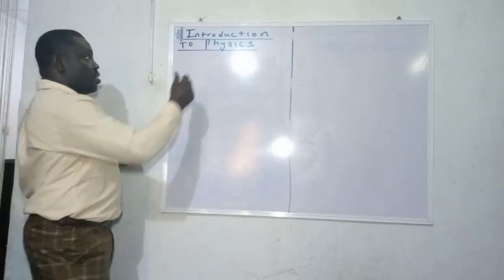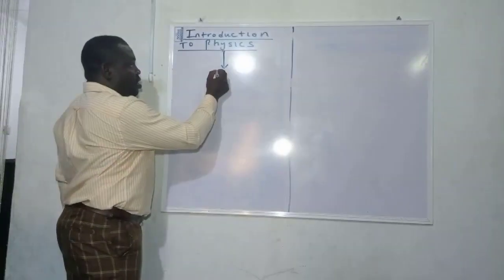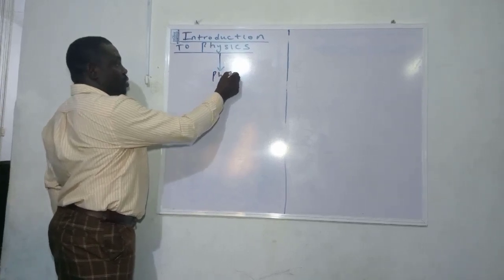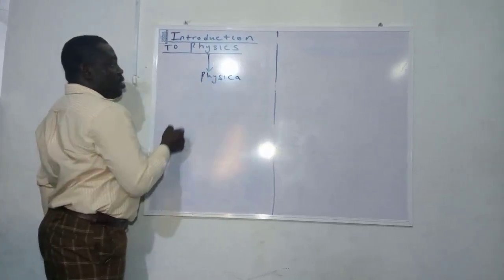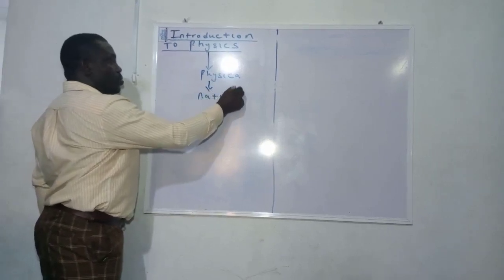The word physics is actually derived from a Latin word called physica, which means natural things.